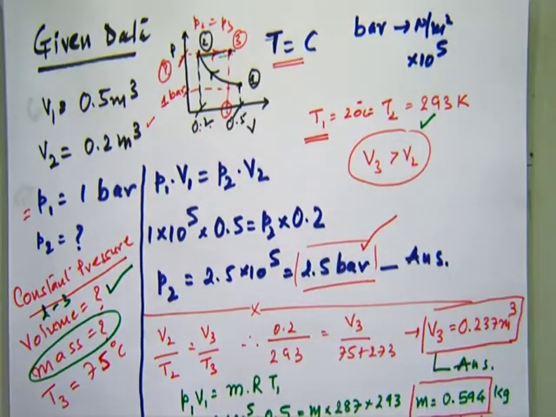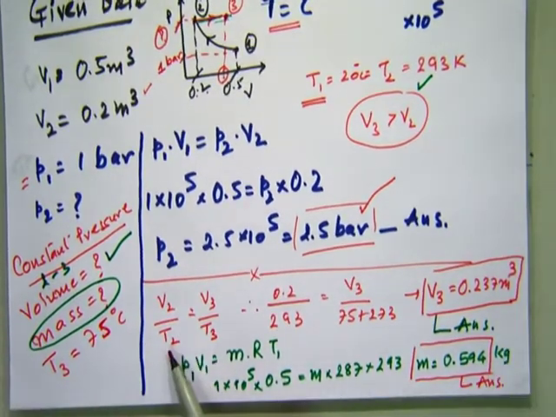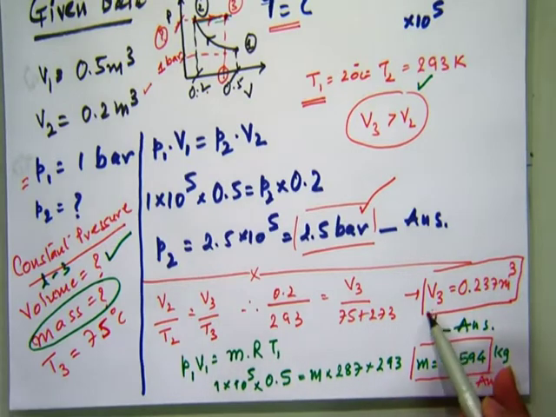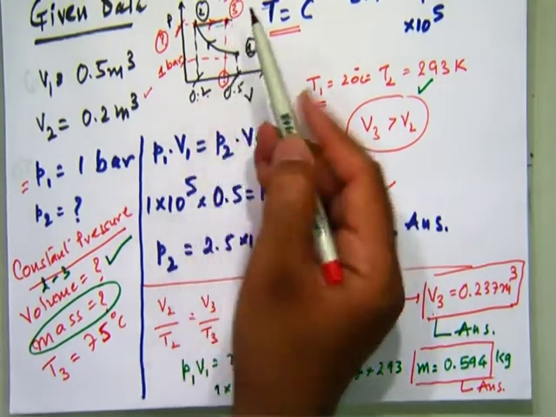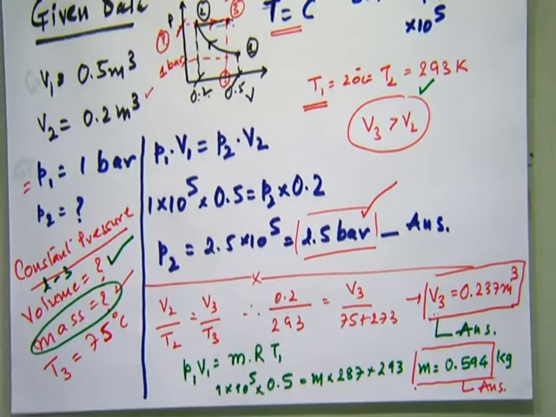We find out for the constant pressure process V2 upon T2 is equal to V3 upon T3, which gives you the volume at point 3, and P1 V1 equals mRT gives you the mass for the whole process.